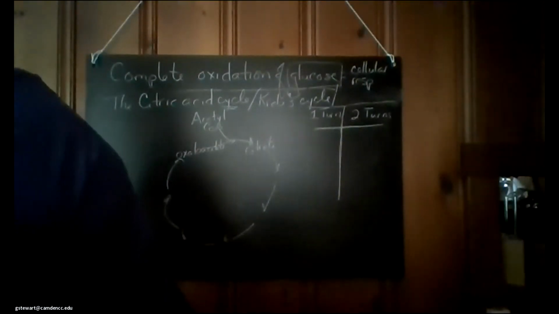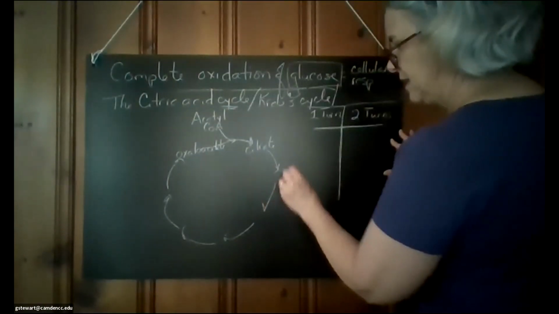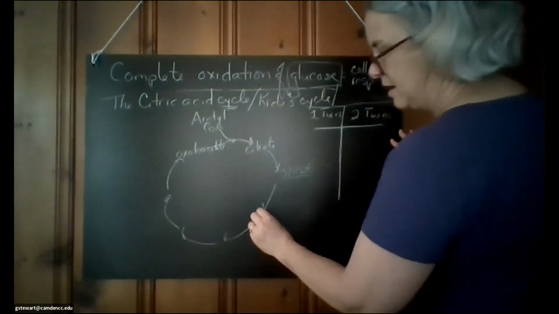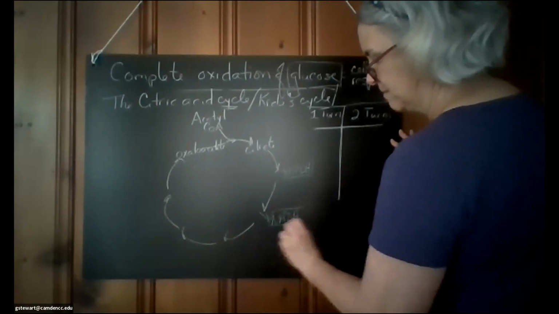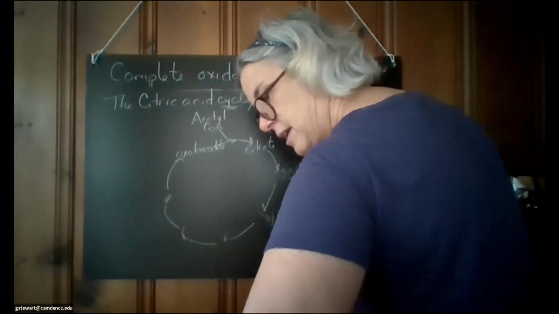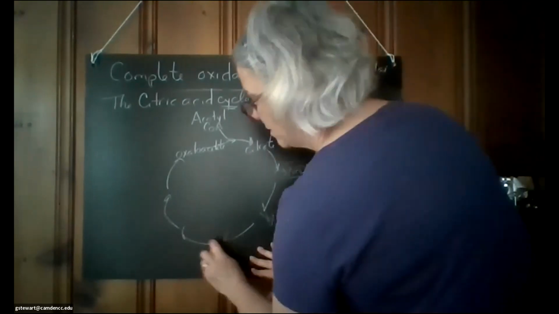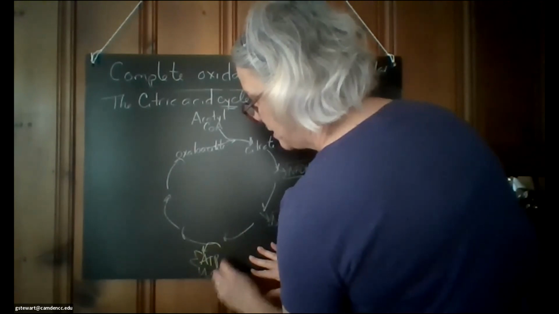All right, I need to cheat. I think it's here. We produce an NADH. The very next step, we produce another NADH. At the very bottom of the cycle, we produce an ATP. Those of you that have already had chemistry, you know it's not really ATP, it's GTP that gets converted to ATP.